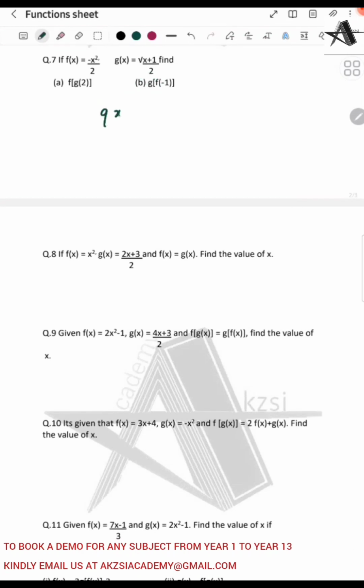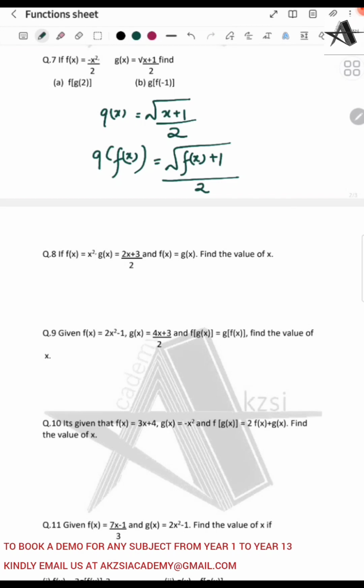That is g(x) equals root of x plus 1 over 2. And now we need to substitute f(x) in x. So in place of x, I'll write f(x). Similarly here as well, in place of x, I'll write f(x) over 2. 2 is outside this root, so don't put it inside it.